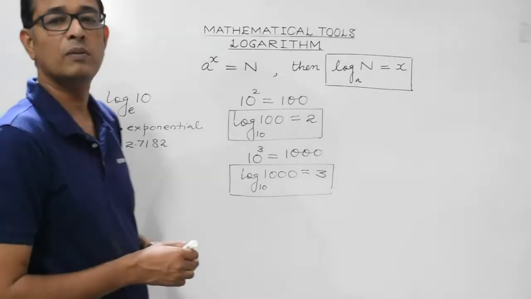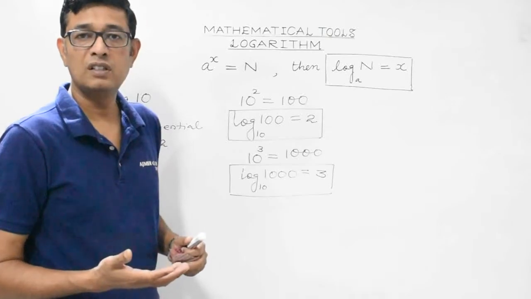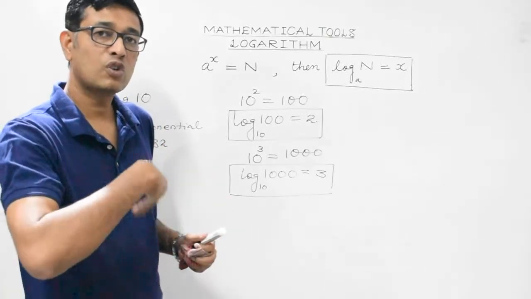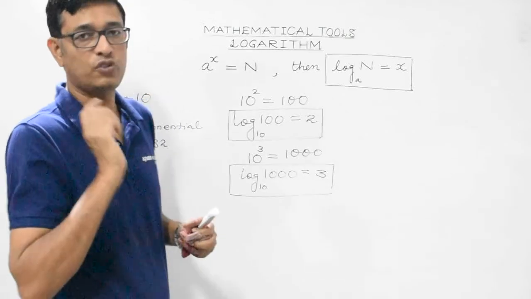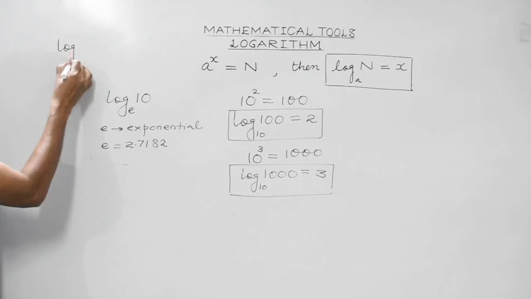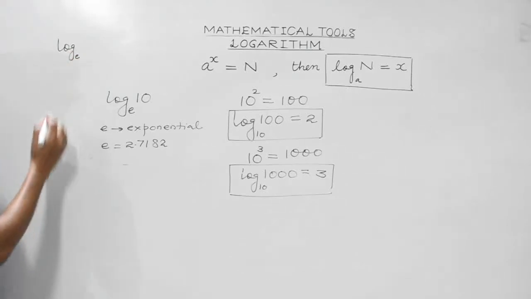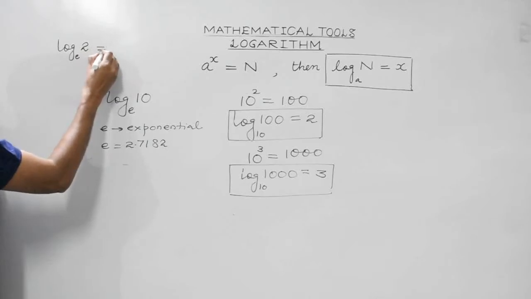And students, always remember, in case you need to convert natural log into common log, you need to multiply by 2.303. What I mean to say is that, suppose natural log of 2 is to be found.